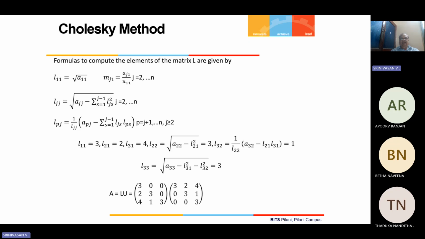So this is L and this is its transpose, and thus A equals L times L transpose.